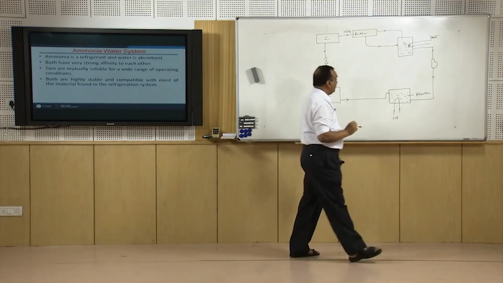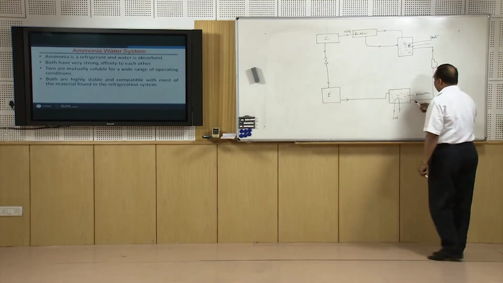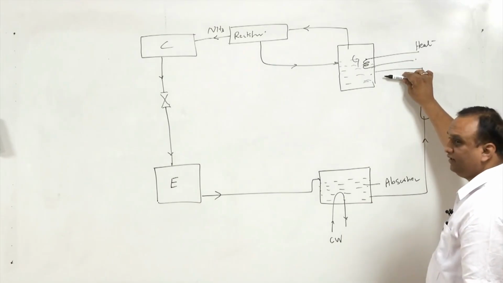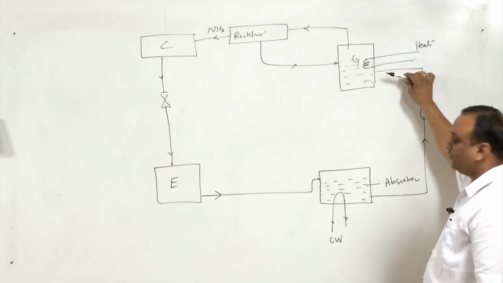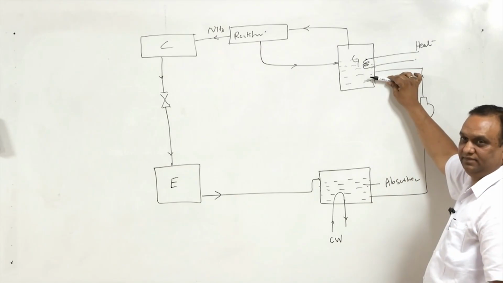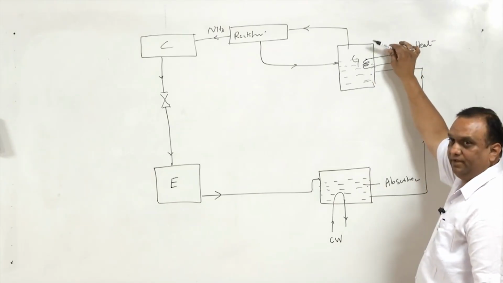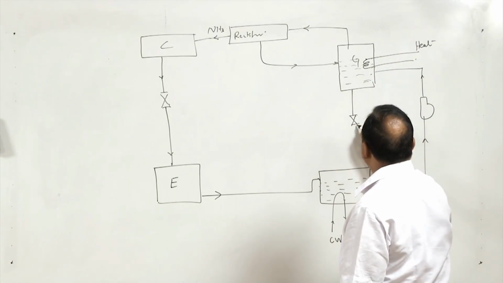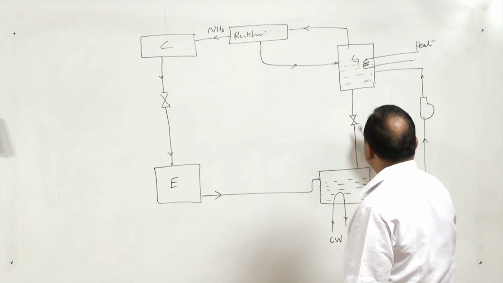The cycle is not complete yet because liquid is pumped from the absorber to the generator. After a certain period of operation, all the fluid from the absorber will be shifted to the generator and the generator will be full. So, there is a drain back arrangement again, and a valve is provided to meet the pressure difference.